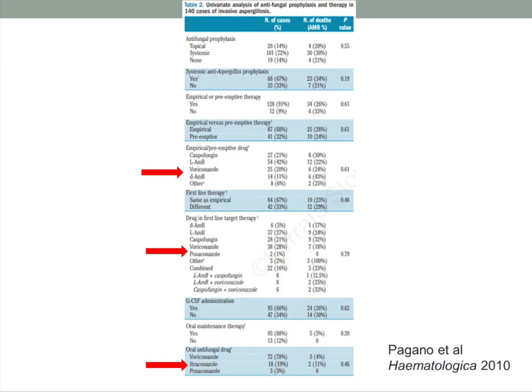They did subdivide in terms of what was the upfront drug given, as well as the targeted therapy. They didn't find a statistically significant difference. Again, it's very hard with 140 patients, and when you start comparing 4 or 5 different options, to establish a statistically significant difference. And in terms of the oral antifungal drug given afterwards, same sort of thing.